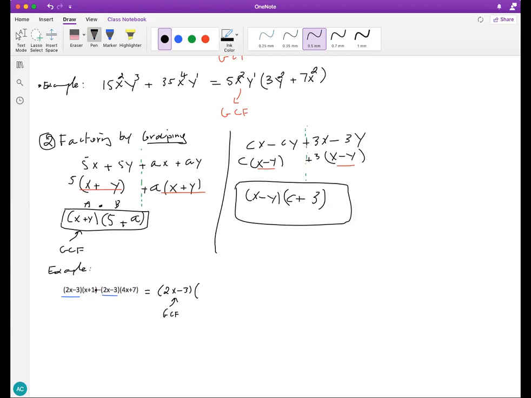Okay, now that we found the GCF, what do we do? We're going to divide both of these by the GCF. If you divide the first term by 2x minus 3, what's the result?